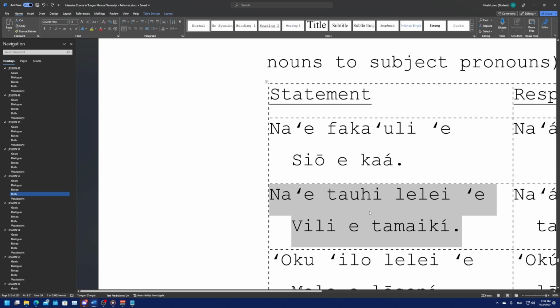Correct. Yeah, that's right. Yeah, tauhi lelei e tamaiki.